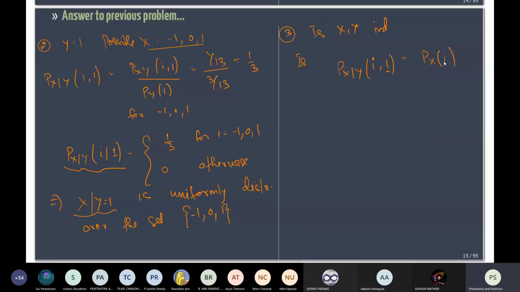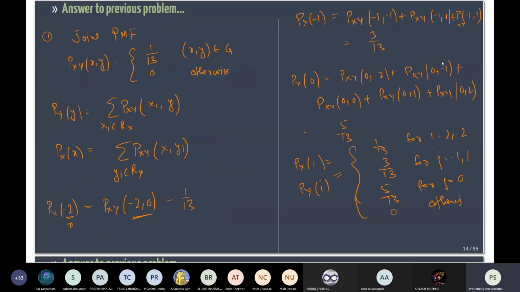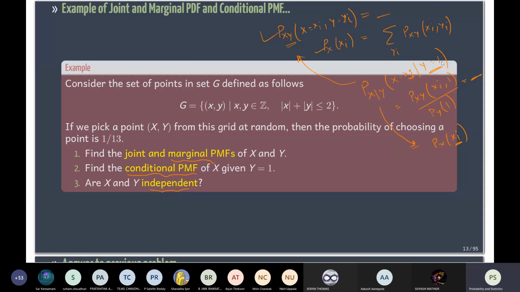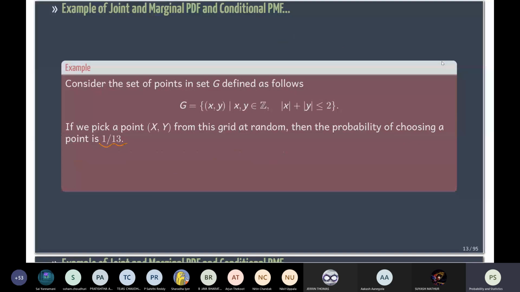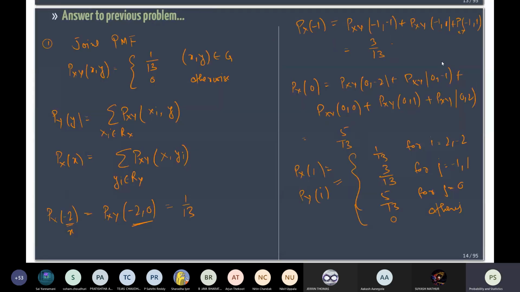Because if you just look at P_X(i), picking one value out of the possible values of x, it's like 1 over 5 or something.